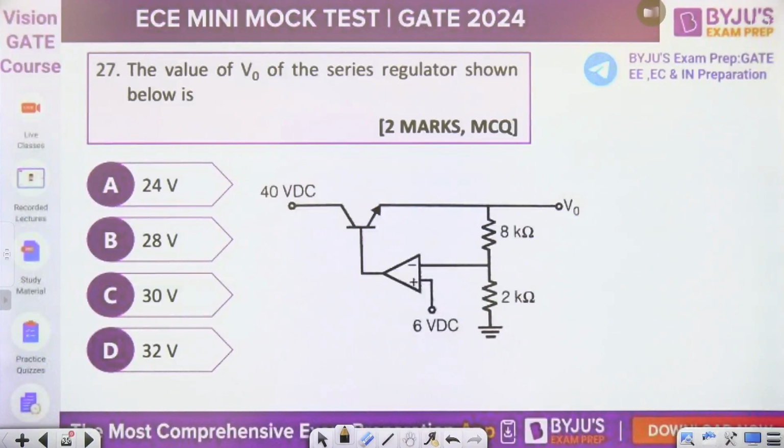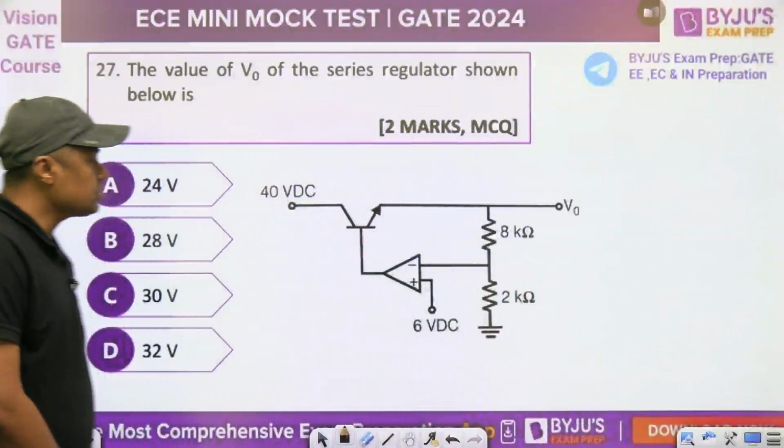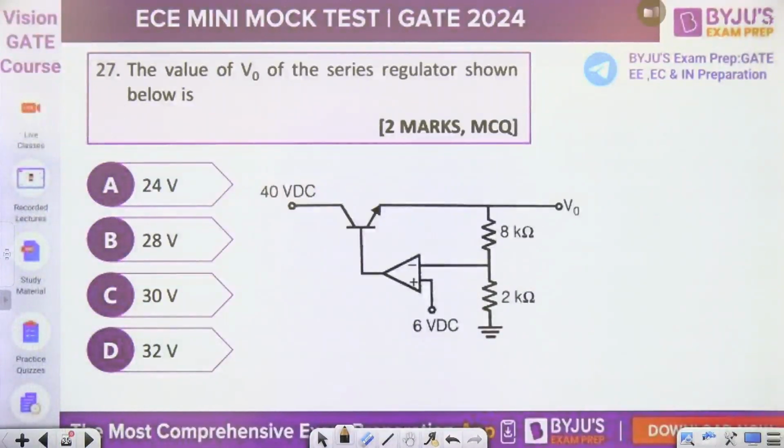And what will be the answer? The value of V0 of the series regulator shown below is... Try to solve this question and give me the answer in the comments box.